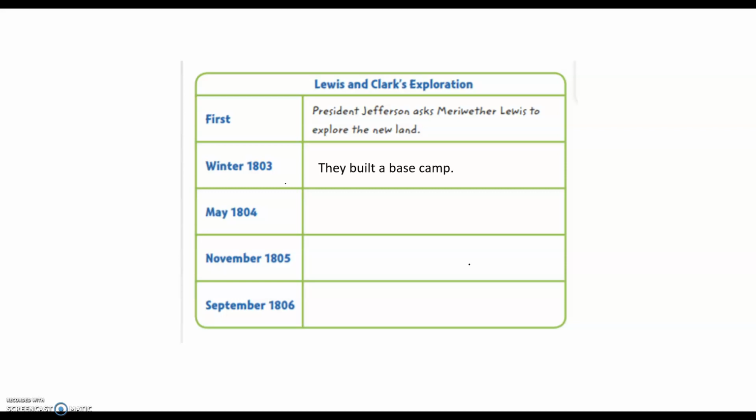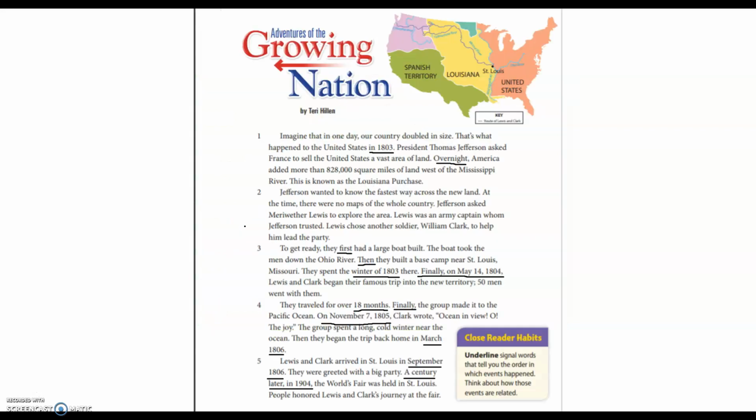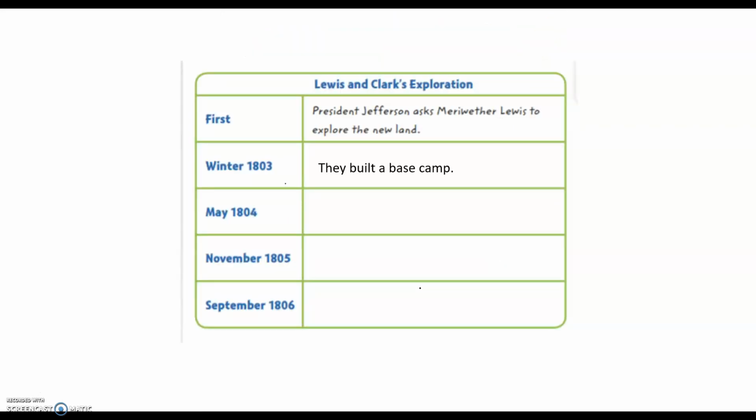So in the winter of 1803, they built their camp and they stayed there. Now let's find what happened in May 1804. I found finally on May 14th, 1804, Lewis and Clark began their famous trip into the new territory. So Lewis and Clark began their trip.